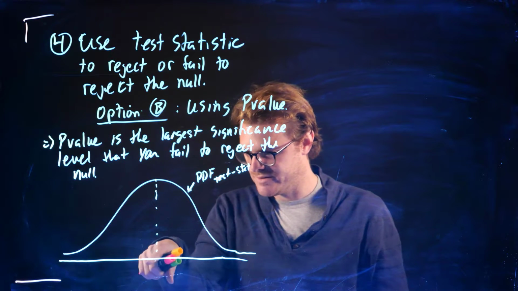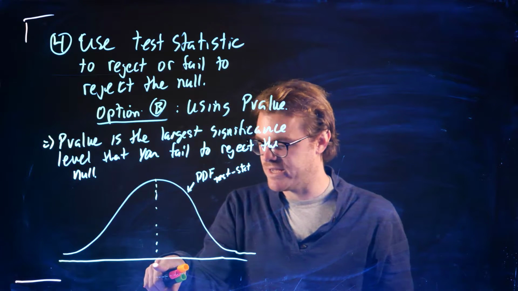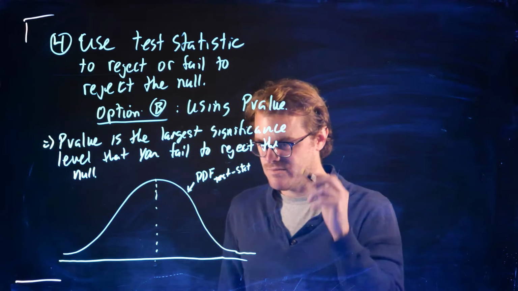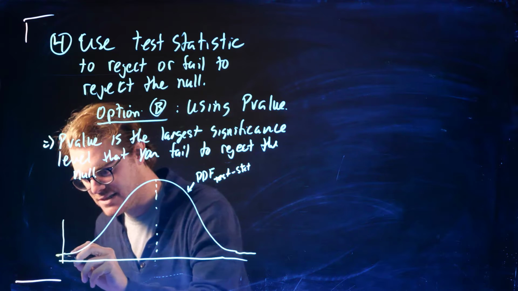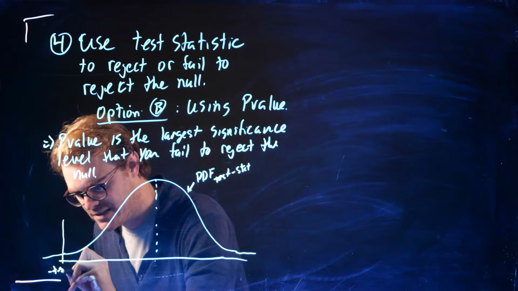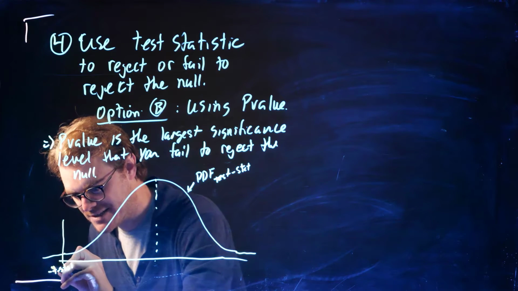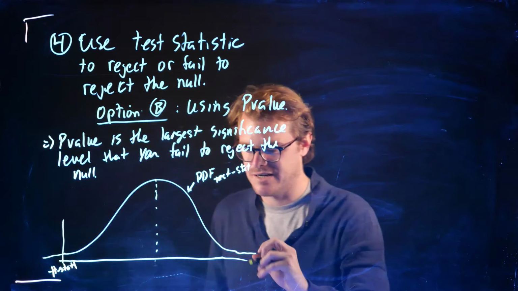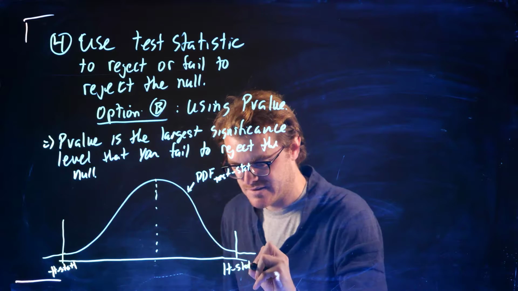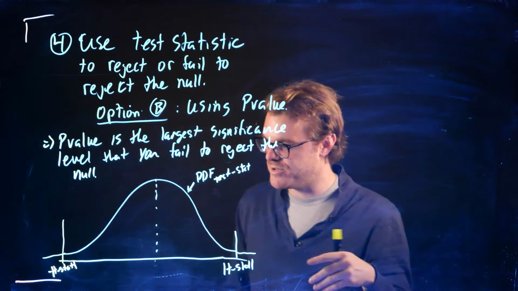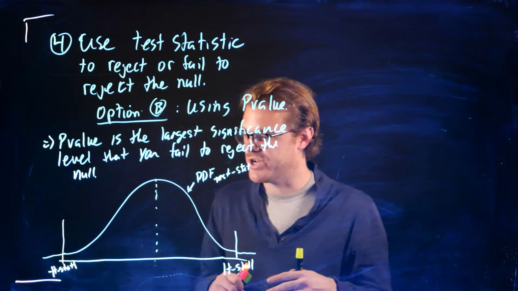The null would be the middle of this distribution right here. How we're calculating the p-value is we're plotting our test statistic. So this is the negative of our t-stat, or our test statistic, and this is the positive value of our t-stat. Again, I mean test statistic as opposed to t-statistic in general.